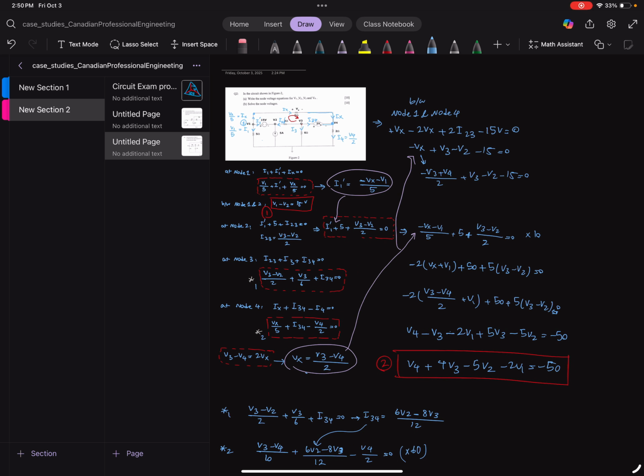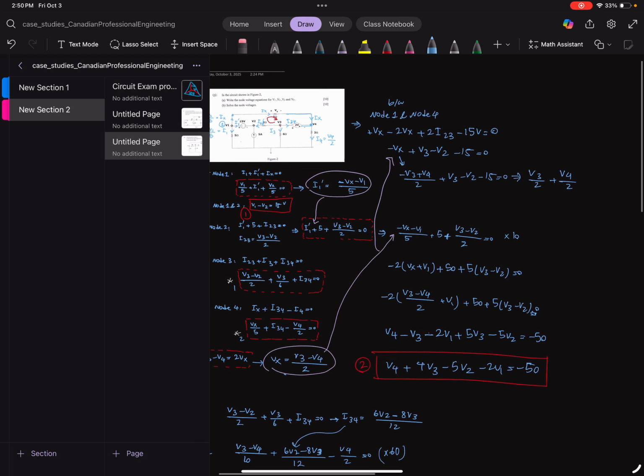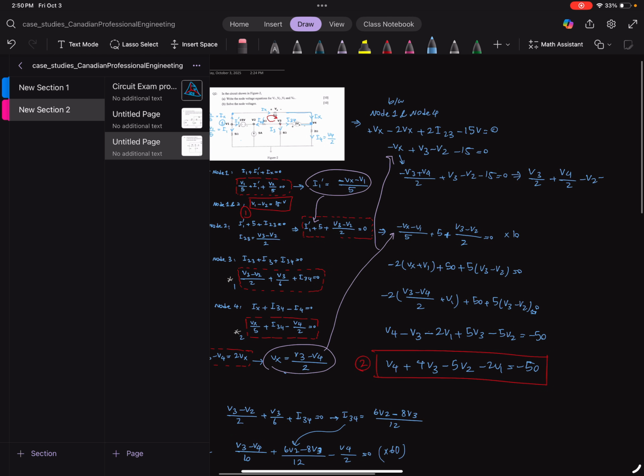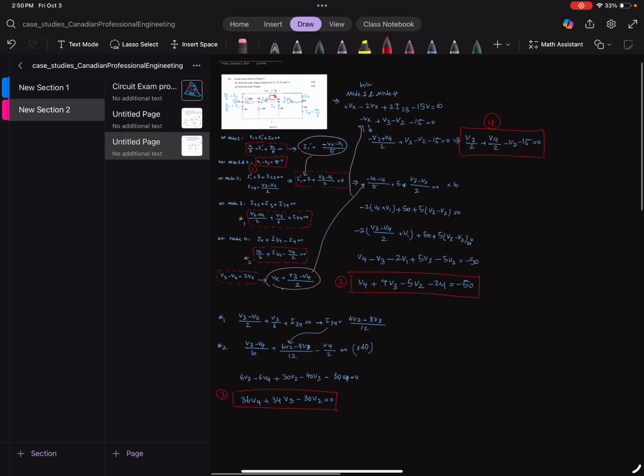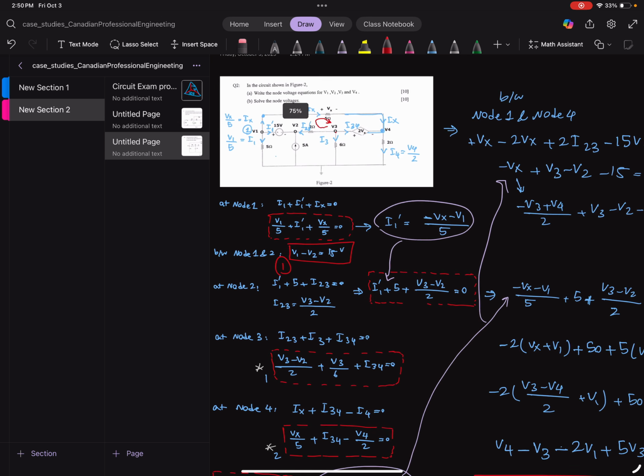So we have another equation, which is going to be V3 over 2 plus V4 over 2 minus V2 minus 15 is 0. And this is our fourth equation. Okay, so we got all of our equations. 1, 2, 3, 4. Now we can solve for the voltages, the second part.